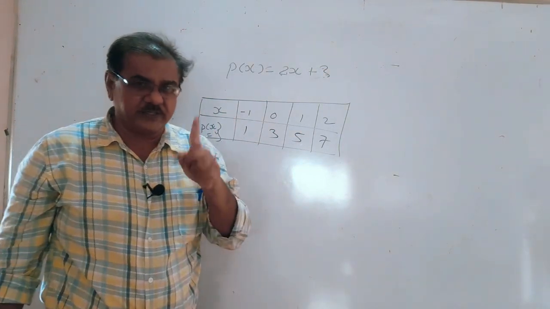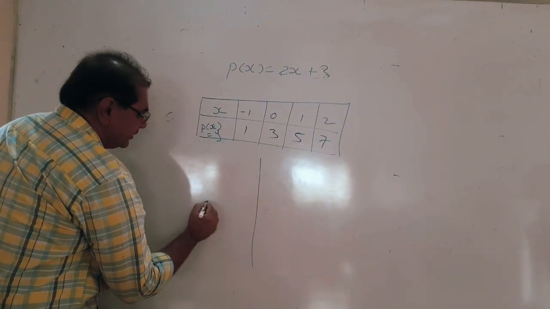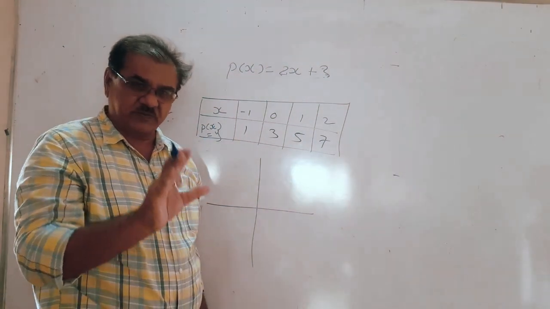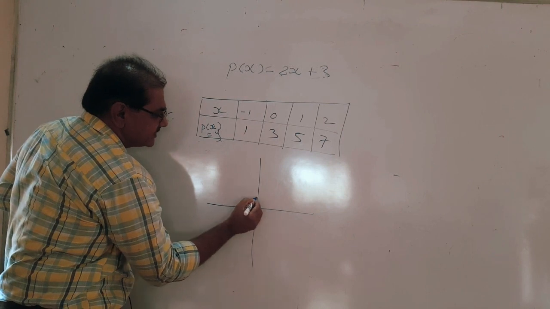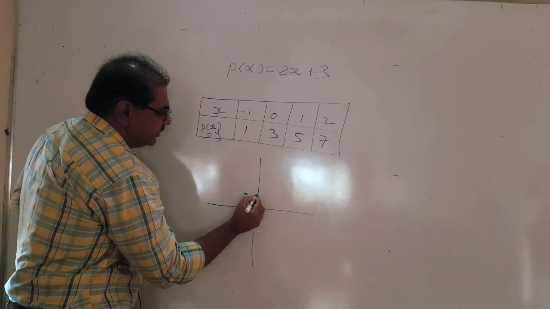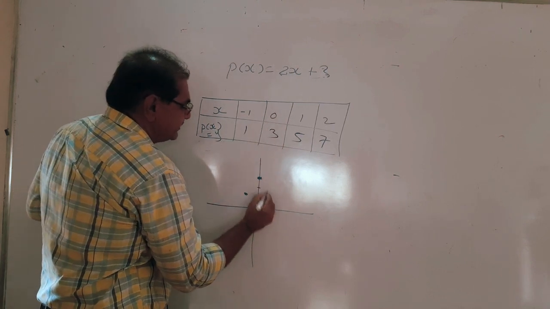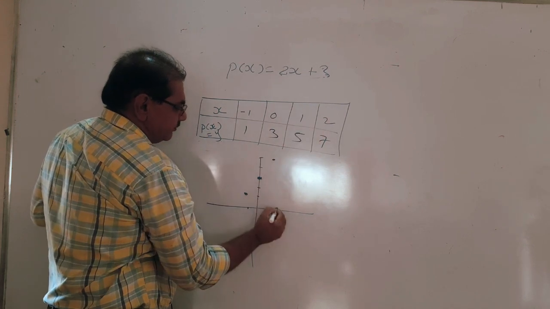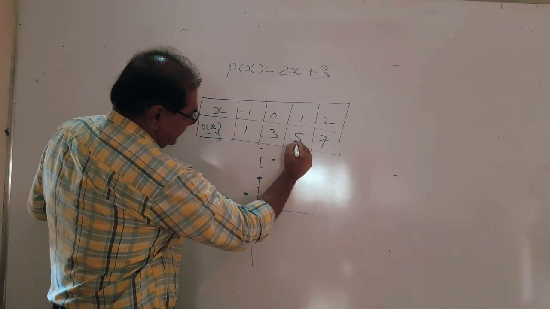How to find the zero using the graph? I just go for the rough graph only. You know how to plot the points in the Cartesian coordinate system that you have learnt. First of all, minus 1 and plus 1. The points (0, 3), (1, 5), and (2, 7) will be somewhere here.